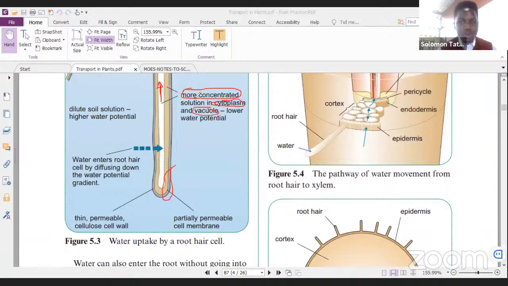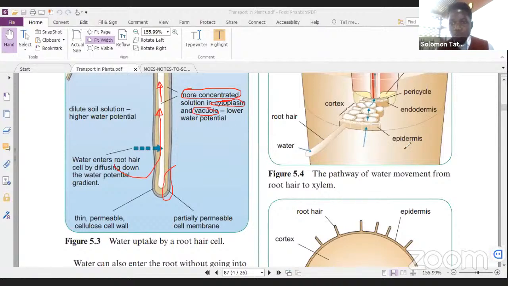Those two things contribute to the lowering of the water potential this side. This ensures that water is going to move from the soil upwards that side. Okay, and that's the root hair.